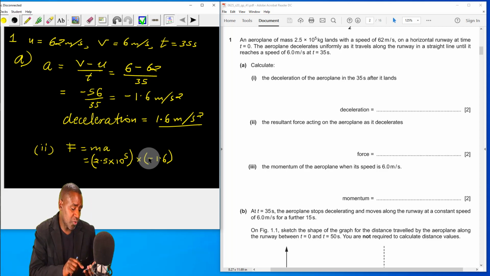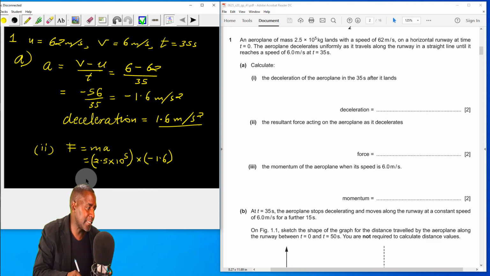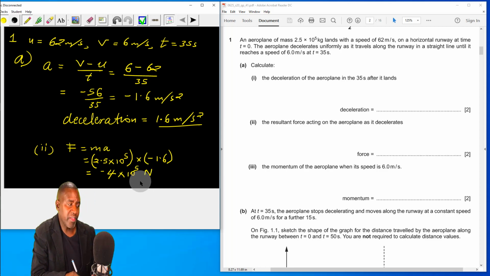So I'll just get 1.6 multiplied by 2.5, and here I get 4. I get negative 4 by 10 raised to power 5 newtons. Or the other unit of force is kilograms meter per second squared.